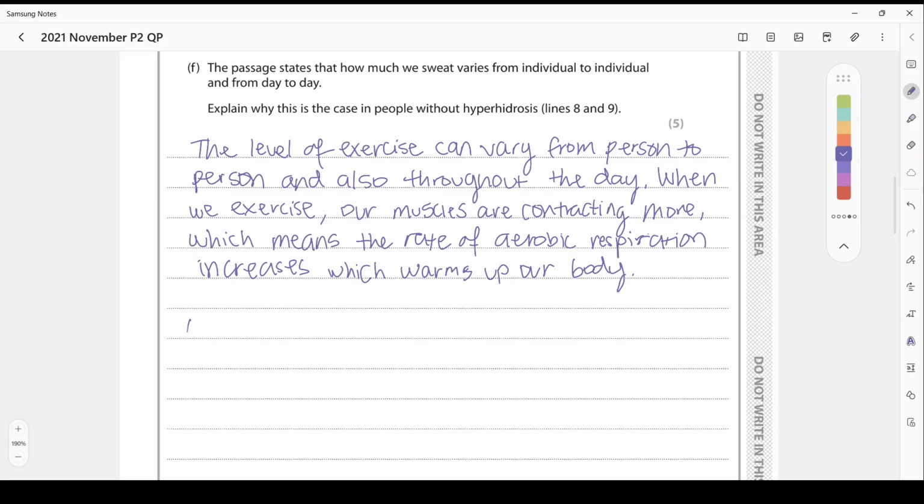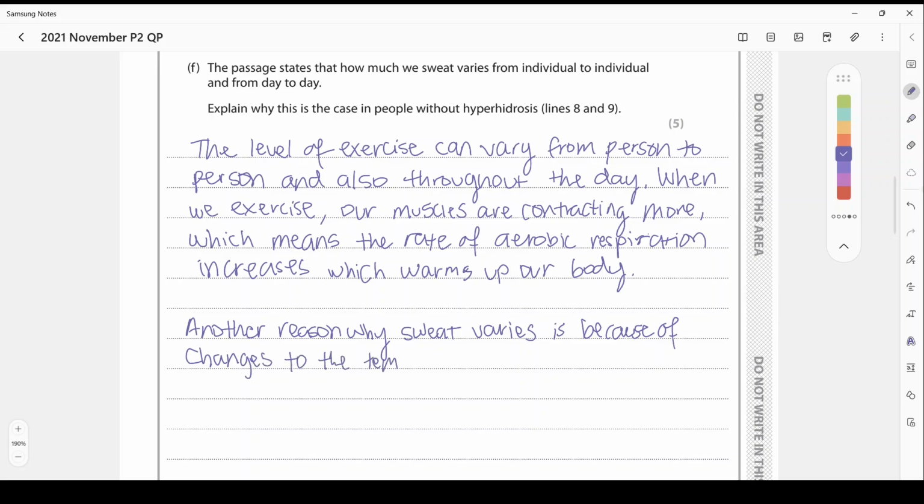We can say another reason why sweat varies is because of changes to the temperature of the environment.